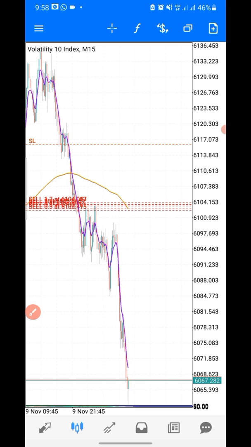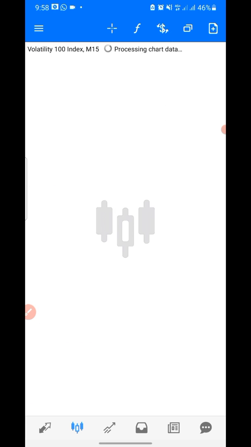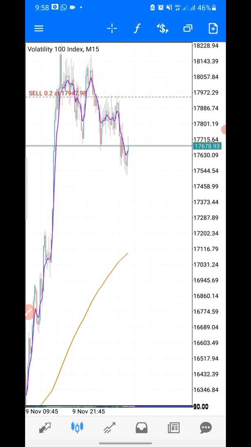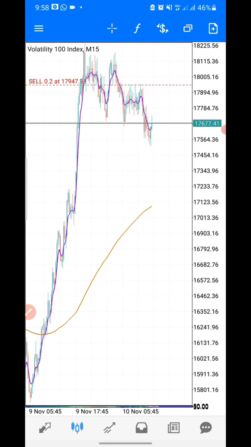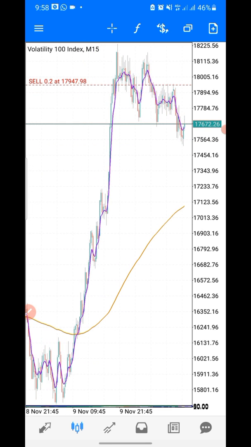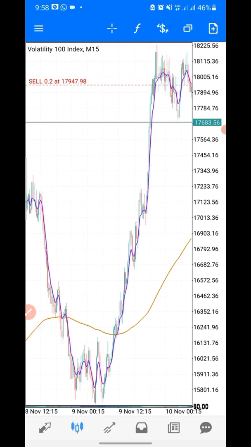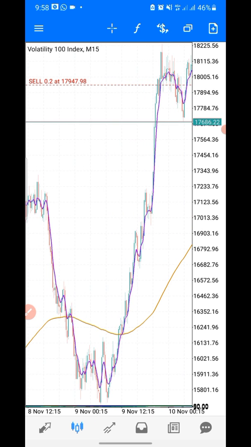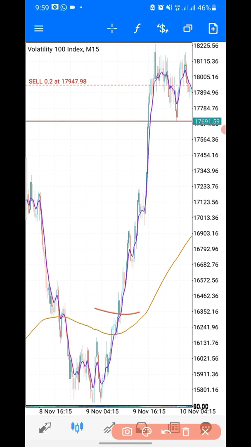Like I said, it works on VIX, so we can go to VIX 100. Actually, this is not the strategy that I used to enter VIX 100, but as you can see here, this is the EMA 200.